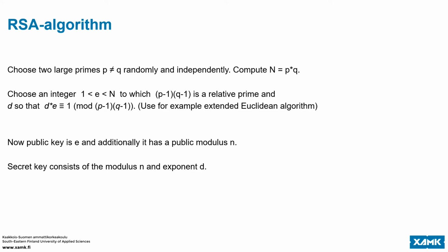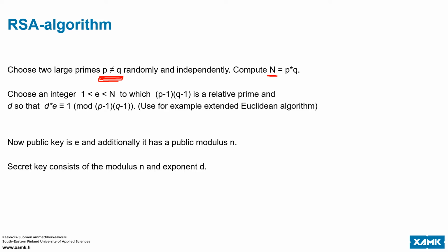We choose two prime numbers, p and q, which are not the same number, different numbers p and q, randomly and independently. Then we compute another constant, n, which is basically just p times q.